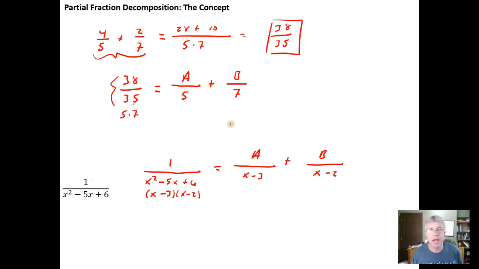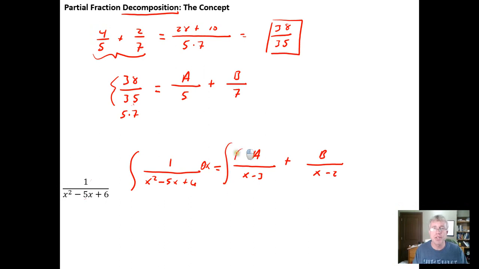The idea here is that we may be trying to integrate something like this, and we may find that the ratio of polynomials is difficult to integrate. In this particular case, we would have to complete the square on the denominator and then use trigonometric substitution to evaluate this integral. But it might be the case that if you can decompose, that's why it's partial fraction decomposition, take a single ratio and decompose it into the sum of two or more ratios.